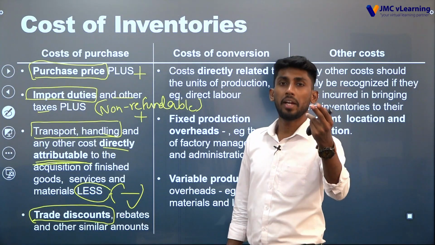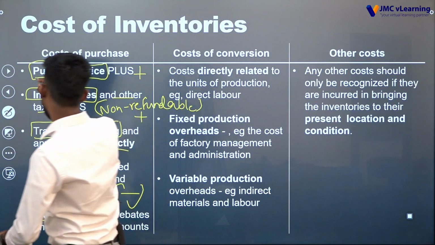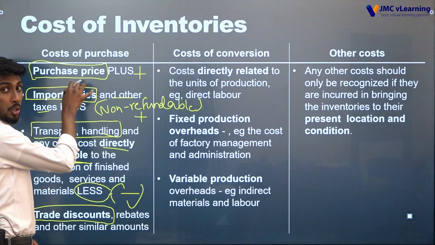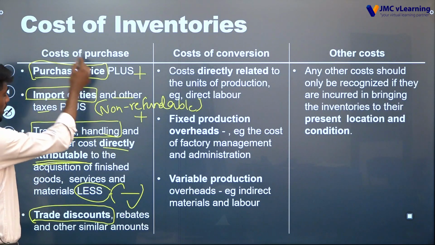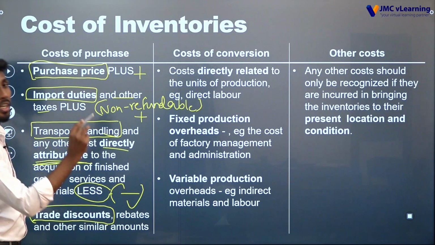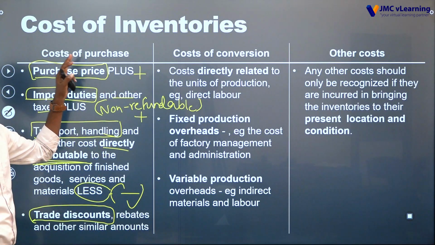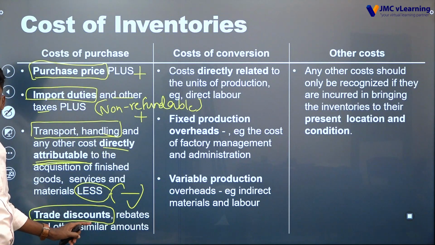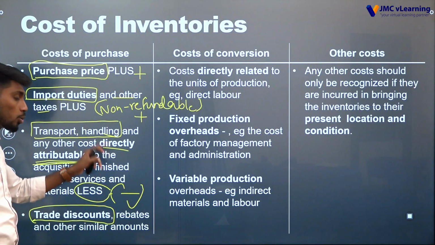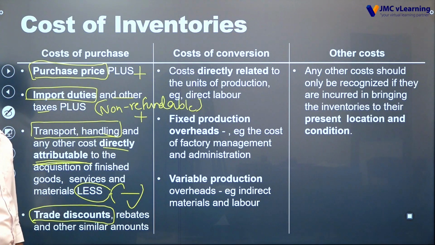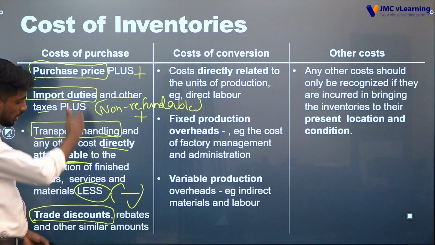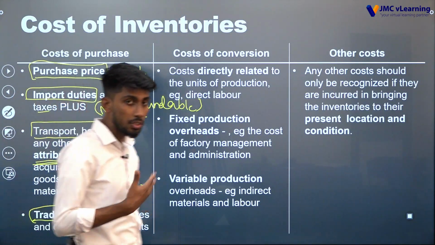You have another way to do this. When you are taking this purchase price, you can take the purchase price after deducting the trade discount. If you take the purchase price after deducting the trade discount, then you do not need to deduct it again. So don't memorize these formulas.